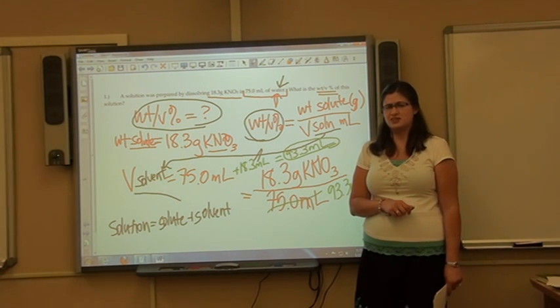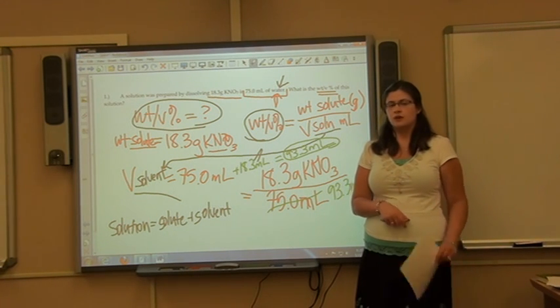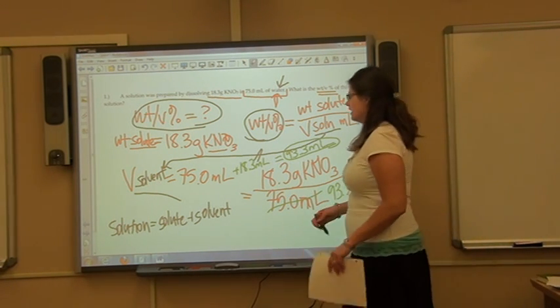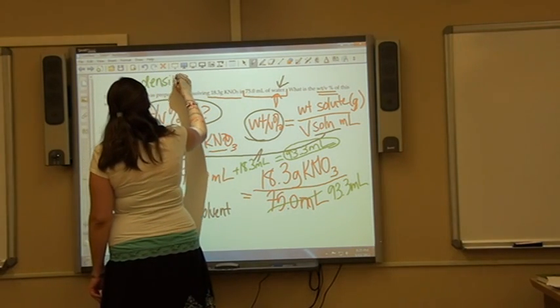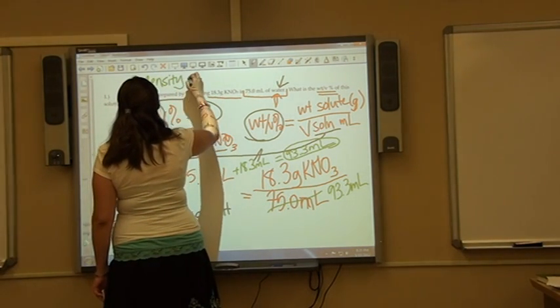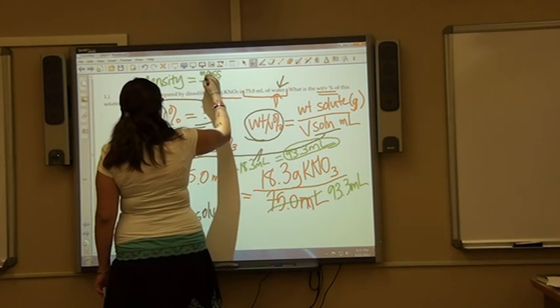Well, Michelle, where did you get that 18.3 from? That's not milliliters, that's grams. Well, we are simplifying the fact that the density, remember we talked about this week 1, lecture 1, density equals mass divided by volume.